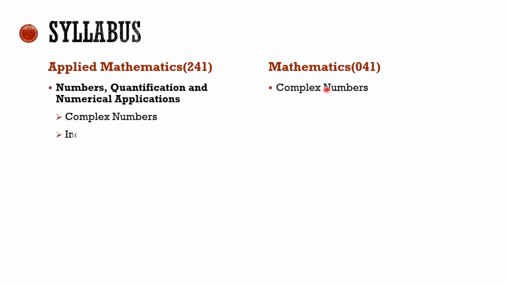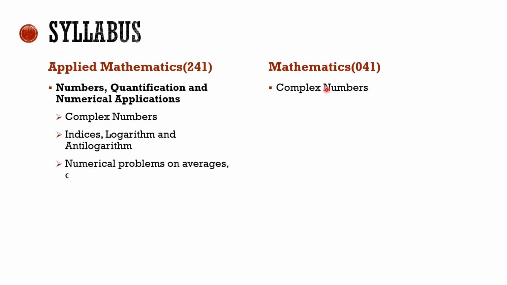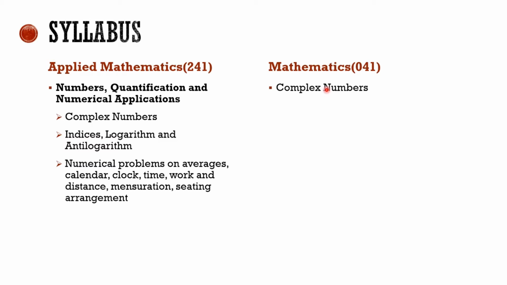Then logarithmic, log functions, numerical problems on average, calendar, clock, time, work and distance, mensuration, seating arrangement. These topics are in applied mathematics, but in mathematics only one topic is covered, which is common, that is complex number. Complex number is common in both. Remaining are given only in applied mathematics.